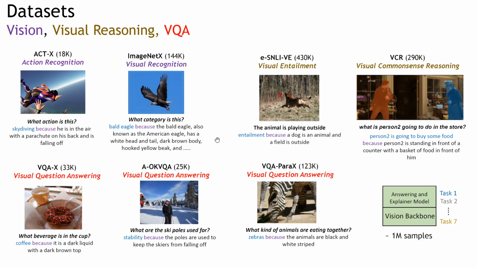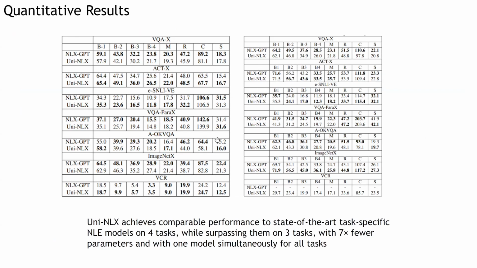In total, they form 1 million samples, which in this century is very small compared to large-scale datasets, but we're going to unify all of them into a standard format and train this model on them. So at the end, we have a model that can perform 7 tasks simultaneously across these 3 different vision language task types.